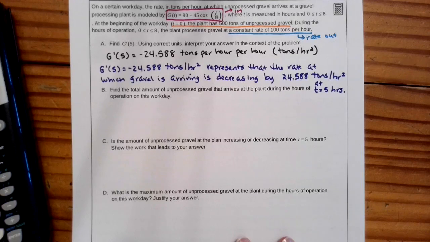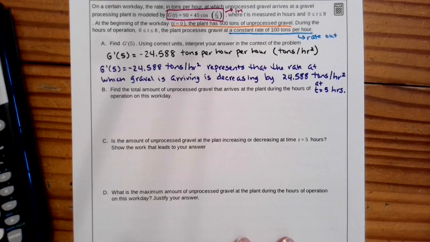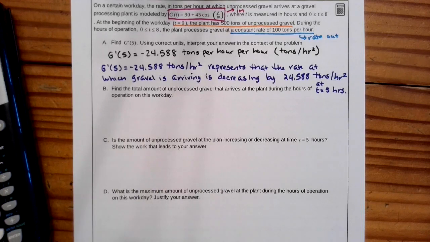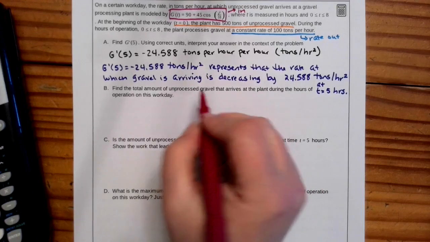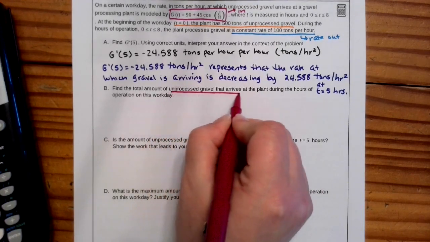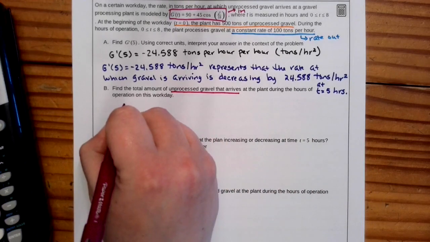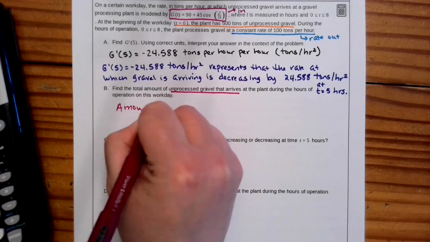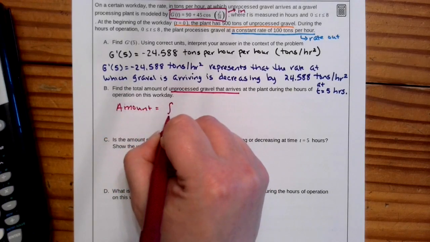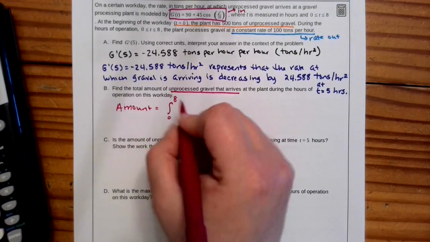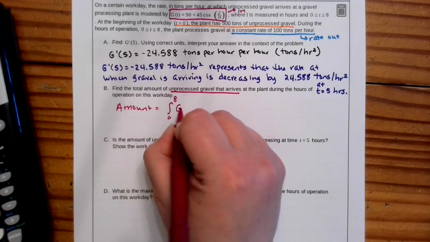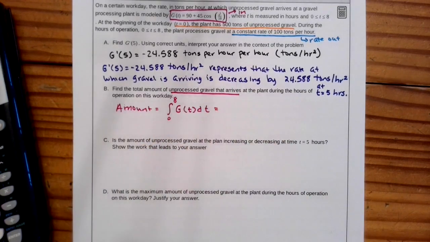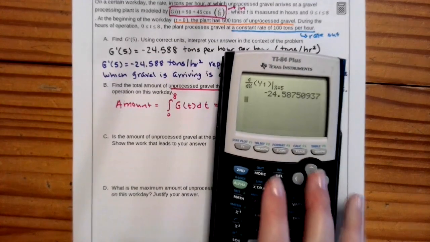Okay, part B says find the total amount of unprocessed gravel that arrives at the plant during the hours of operation on this workday. This one only talks about unprocessed gravel that arrives, which means we're going to find out how much actually got there over the whole workday. So the integral from 0 to 8 of G of t dt. Since this is a calculator question, we're just going to use our calculator.